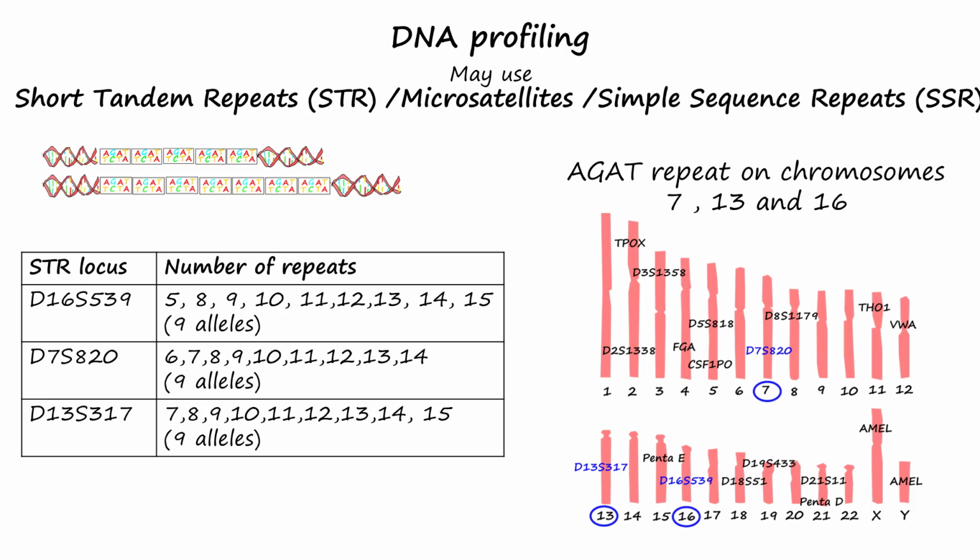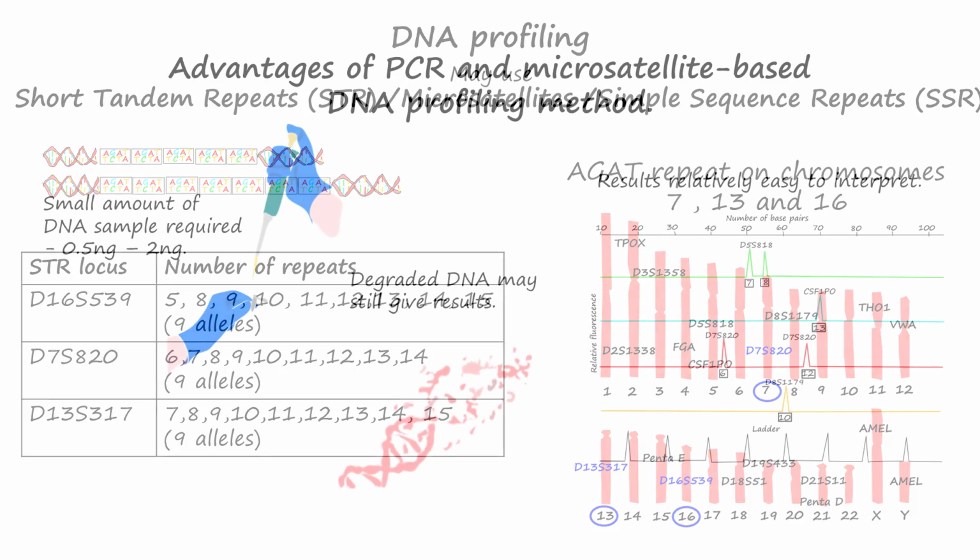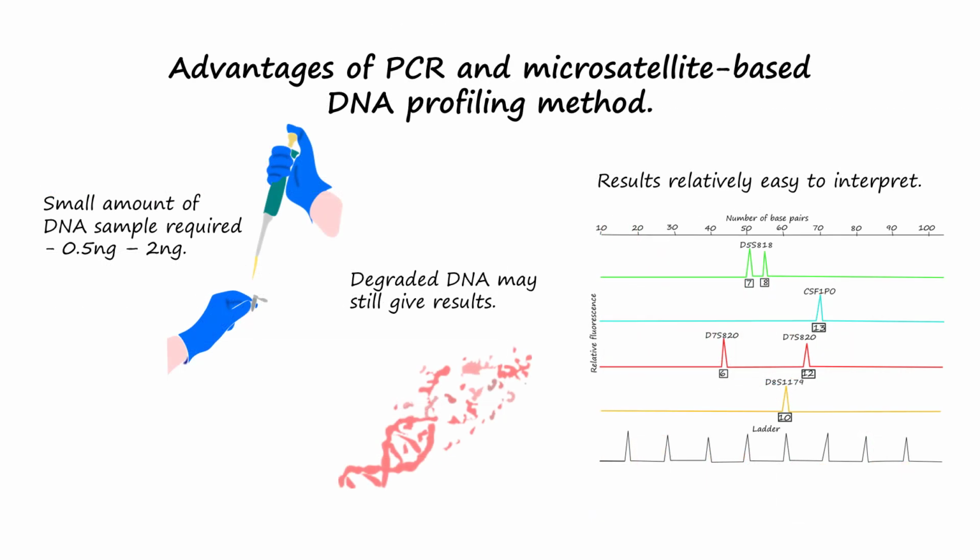Also, STRs, like VNTRs, are present at many loci, each locus having multiple alleles, so providing sufficient variation for discrimination of individuals. The use of PCR means only a small sample of DNA is necessary. Even degraded DNA may provide results, and the PCR and microsatellite-based method results in data which are easier to interpret.